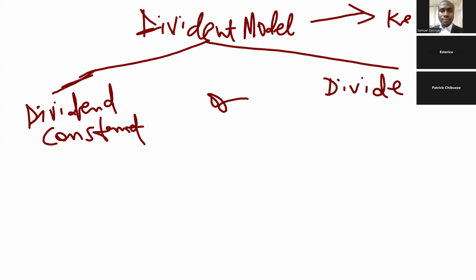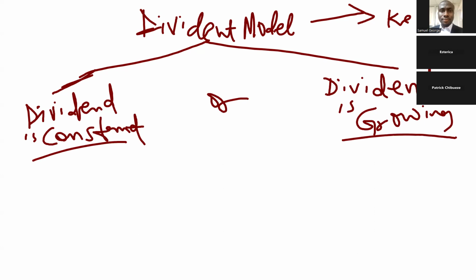Before you can do that, when you are using dividend to compute your KE, you first have to tell whether dividend is constant or growing. Now, the formulas are not the same.